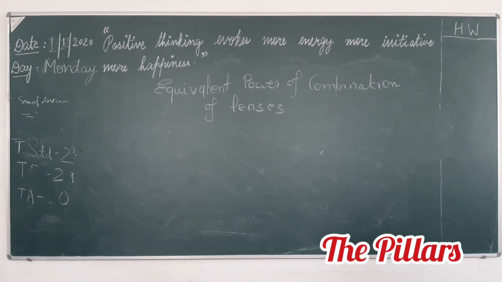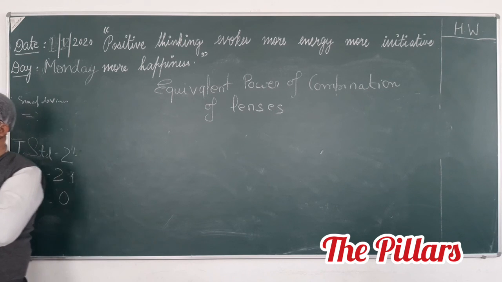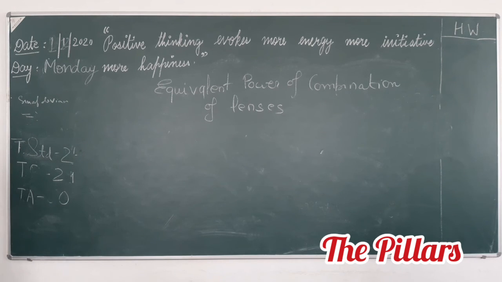Convex is plus 2D, right? Calculate the equivalent power of the lens when they are connected. One convex lens of plus 2D and one concave lens of minus 4D, you have to calculate the equivalent power of the lens.